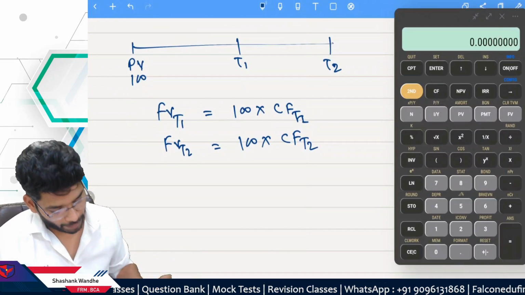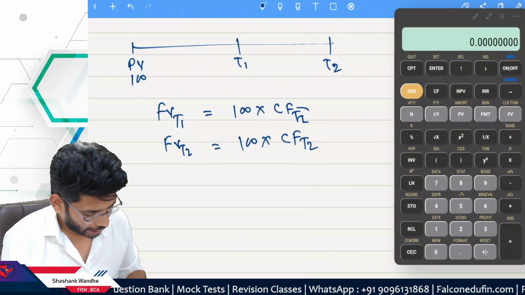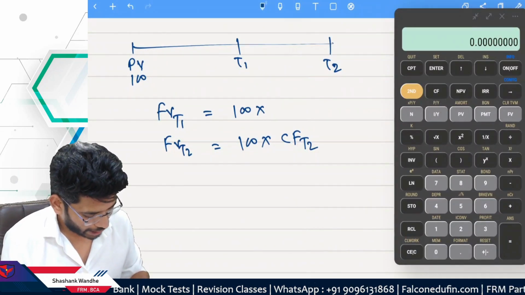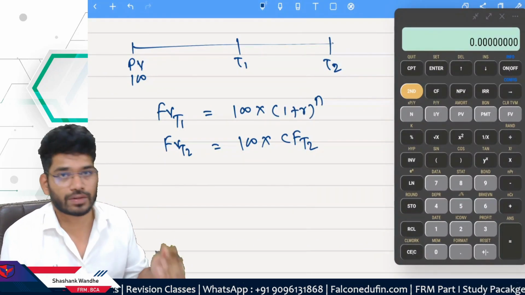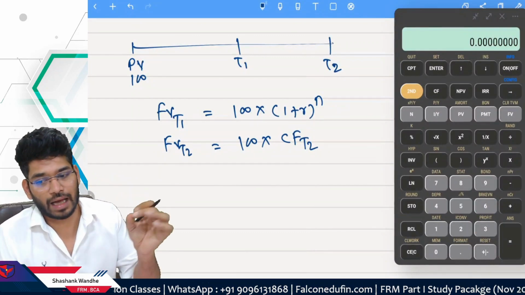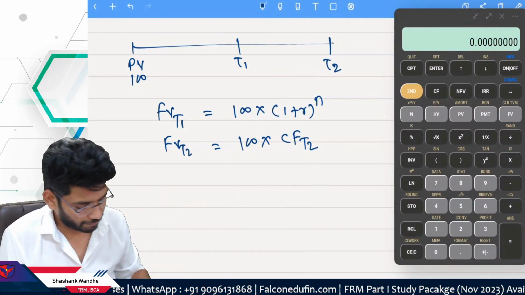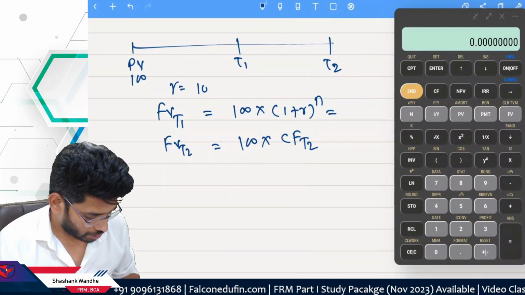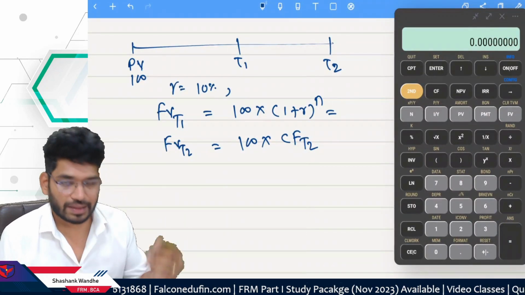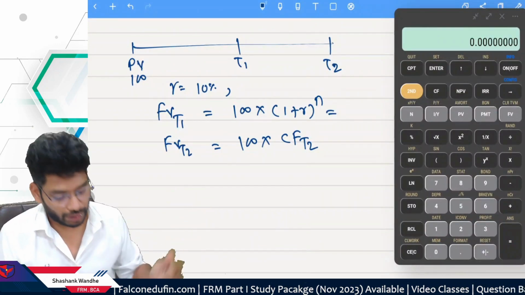Now how to calculate the compounding factor? Simply, we take 1 plus r to the power n, and it will give you the final answer. Let's assume r is equal to 10%, t1 is 1 year, and t2 is 2 years.